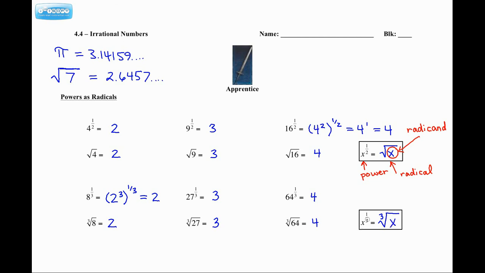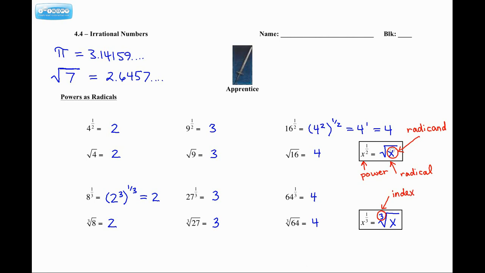Again, this is a power, just like here. This is a radical, just like this one. The x inside is called the radicand, but notice how I had to put this little number here to tell us that it's a cube root and not a square root. That's called the index.